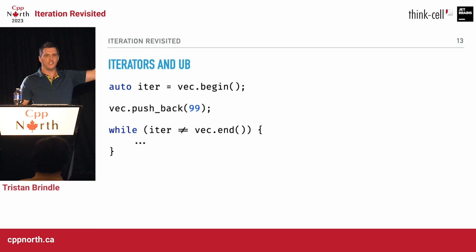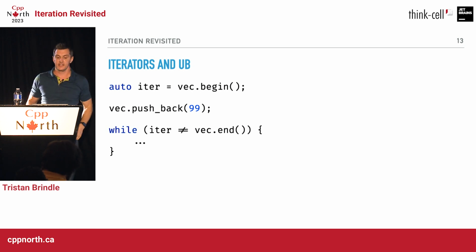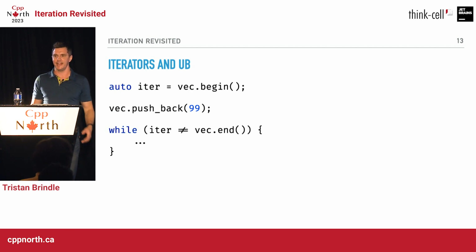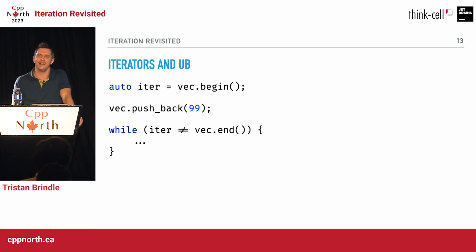Or maybe somebody changes something 1,000 lines away, and the vector is a slightly different size coming into this code, and suddenly its pushback is reallocating when it didn't before, and you're in UB land when it's worked perfectly well for 20 years. You can tell, I don't like this one.